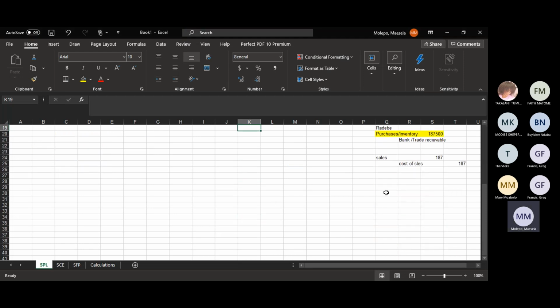We had an inventory opening, an inventory which is 75,000. Then I make the purchases of 200,000.